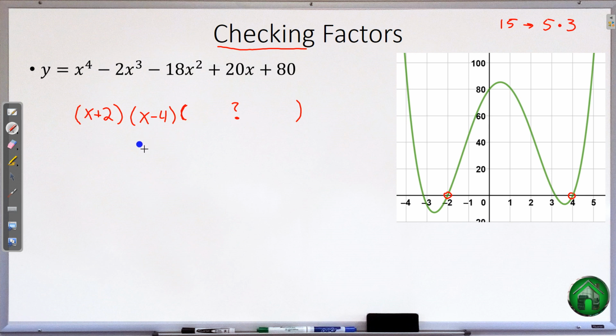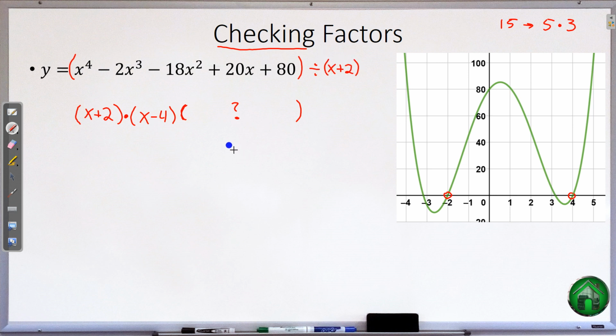And that's where we have a great strategy. If this is a factor, meaning it's a multiplication problem, I should be able to divide by this. And so I'm going to take this big polynomial and divide it by x plus 2. It's right up here. Divide it by x plus 2, and it should work out perfectly.